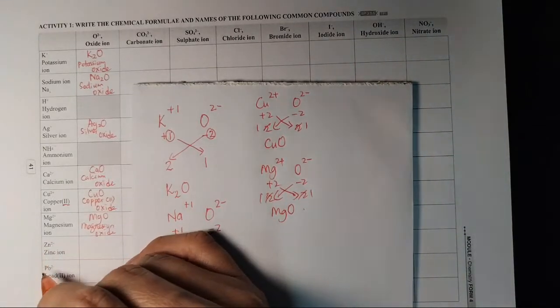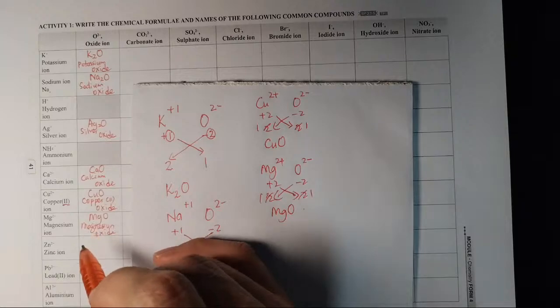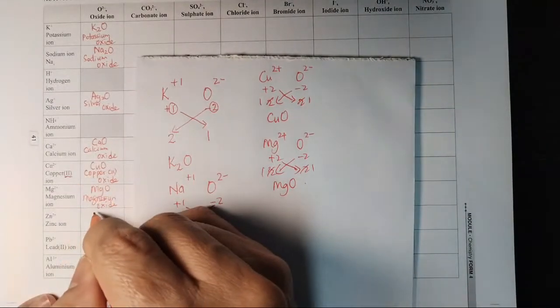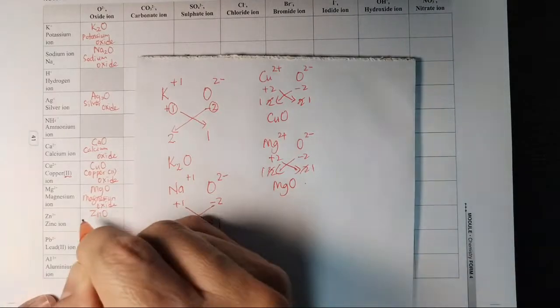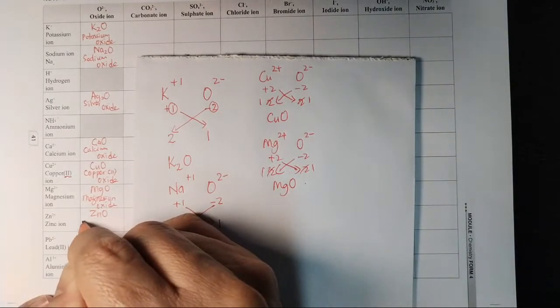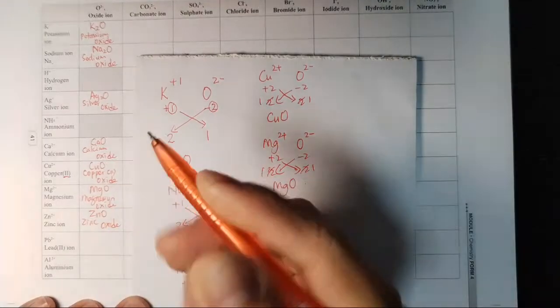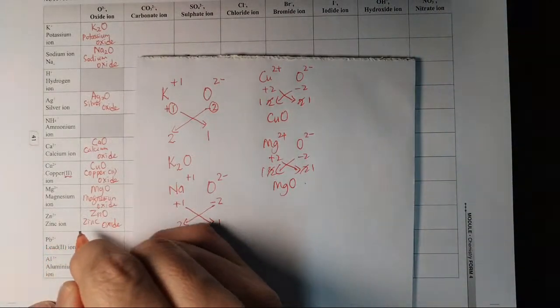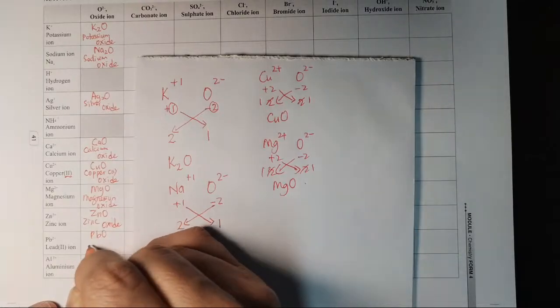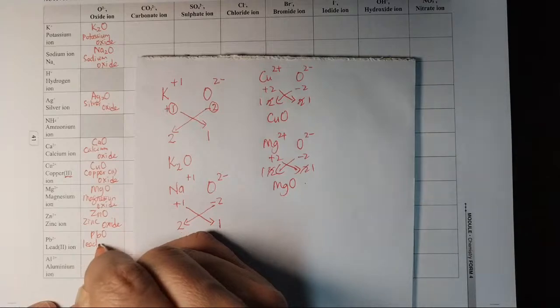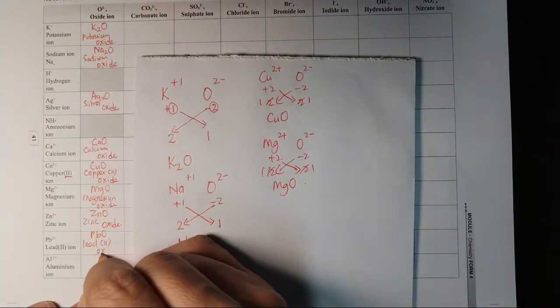Then zinc oxide and lead oxide will be the same method, so I don't show it anymore. It becomes ZnO, zinc oxide. Lead also the same because 2 positive. So PbO. So it becomes lead 2 oxide.